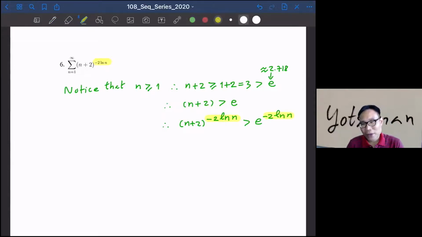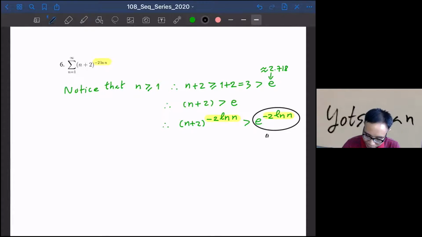Why is this one nice? Because if you recall, we are able to simplify this term into something kind of nice. This guy turned out to be e to the log n, to the negative 2, and e and log cancel each other. So this one is just n to the negative 2.